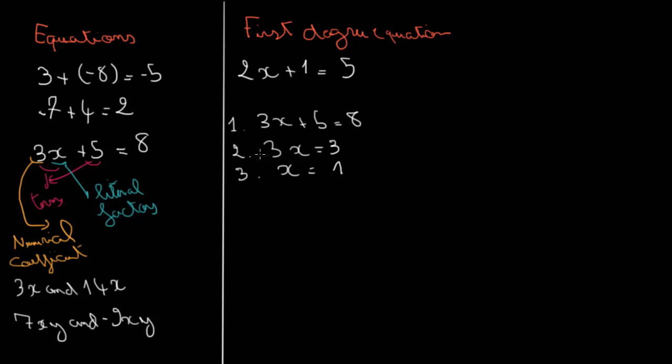The general procedure for solving an equation is to continue replacing the given equation with equivalent but simpler equations until we obtain an equation of the form variable equal constant, as we did here. Before getting to some additional properties that we're going to need, I want to show you what we did. To move to the second equation, we subtracted 5 from the left side and the right side.